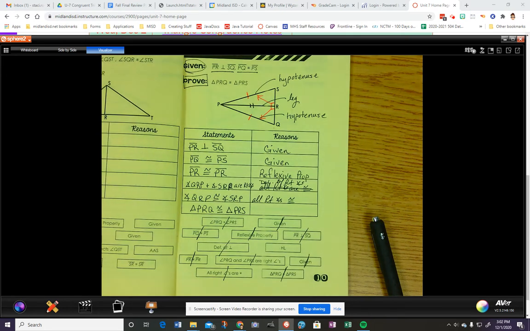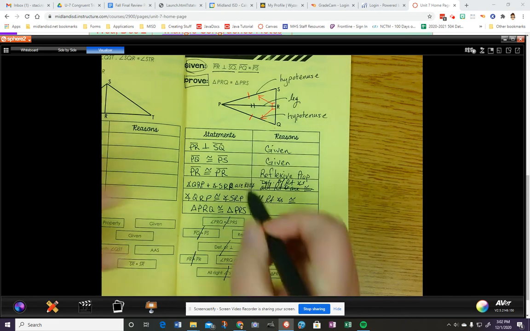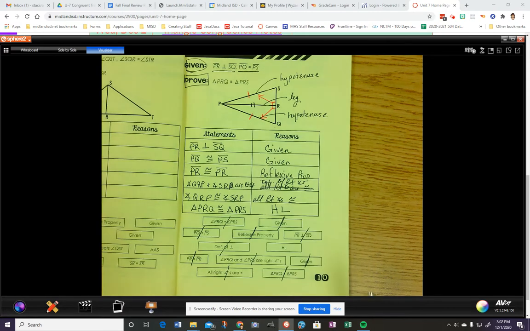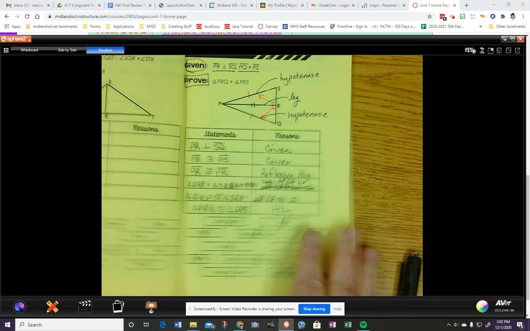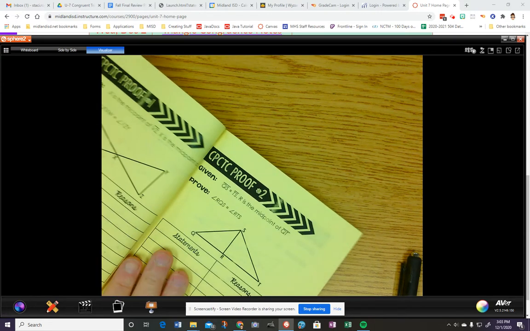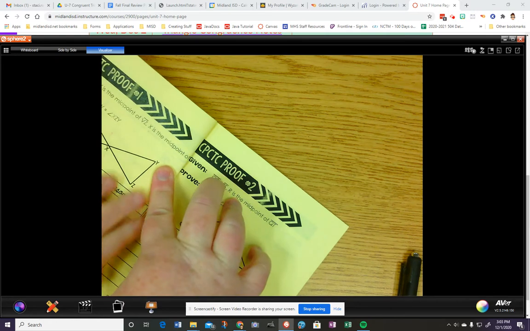That's how I know it's a hypotenuse. So now I can say my hypotenuse leg, my triangles are congruent. My HL. Okay? And let's see, how many more? What else do we have in here? Let's do number 12.